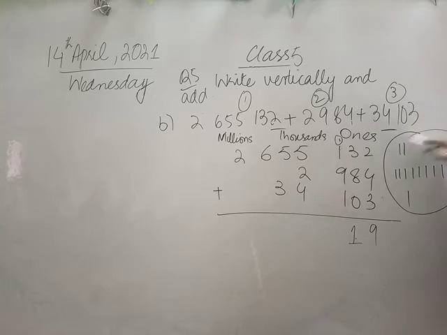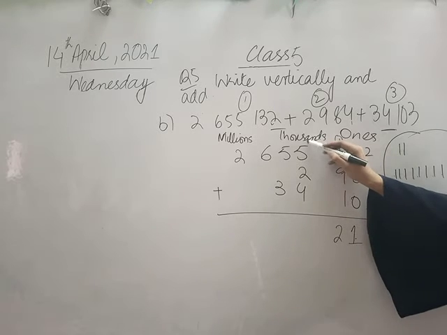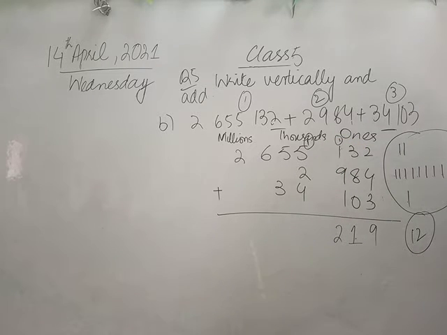So in total I have 1, 2, 3, 4, 5, 6, 7, 8, 9, 10, 11, 12. I have 12 again. So I will write 2 below there and 1 as a carry. Fine? 1 as a carry.